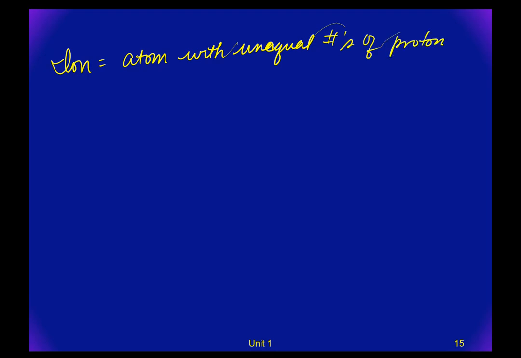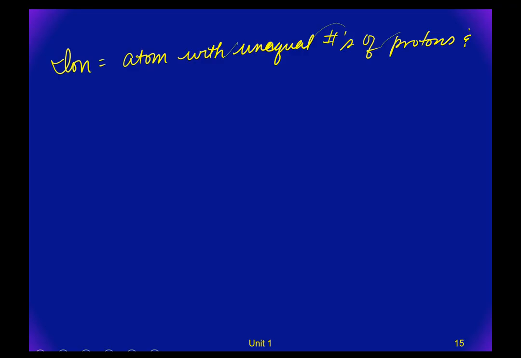An ion is an atom with unequal numbers of protons and electrons. That basic definition is what an ion is. It's got different numbers of protons versus electrons.